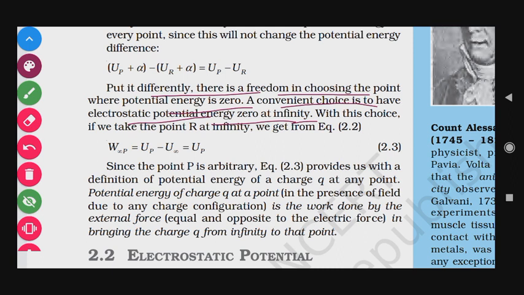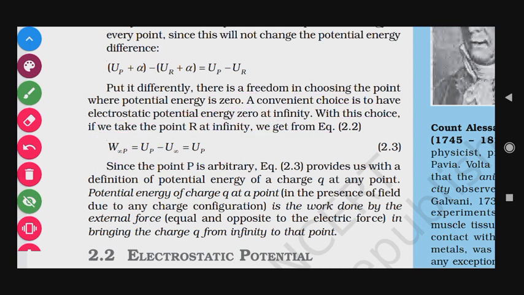With this choice we take the point R at infinity, so the work done will be U_P minus U_infinity. We are choosing R at infinity as 0 potential. We can choose any point, it doesn't matter, as I told you. So U_infinity will be 0, and the work done will be U_P.